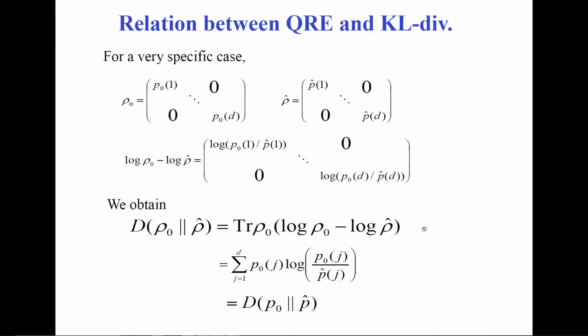By definition, it is given by this form, but in this case, we obtain the summation over each diagonal component, P0j times the logarithm of P0j over P hat j. And it is formally a Kullback-Leibler divergence from P0 to P hat.